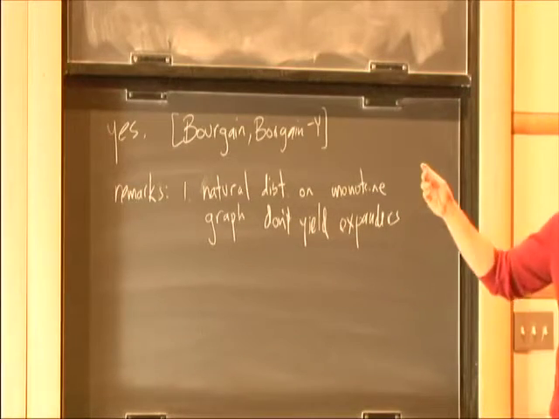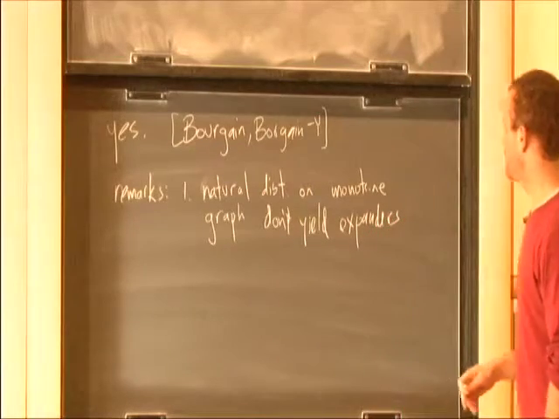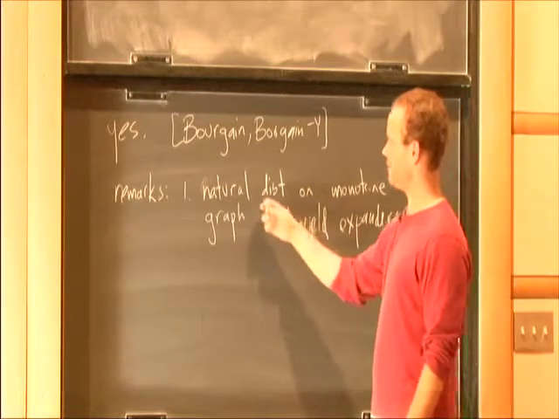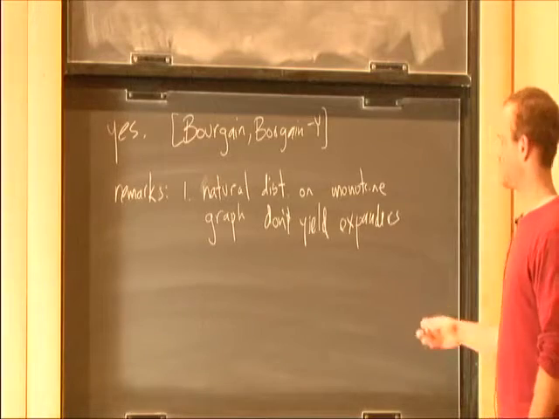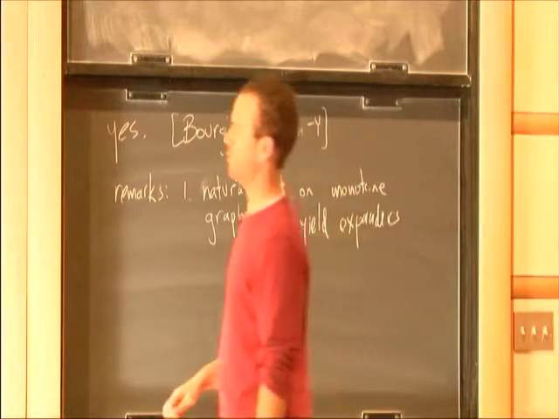As opposed to the non-monotone case where most graphs are expanders, in this case, natural distributions on monotone graphs don't yield expanders. And this is somehow related to this result.